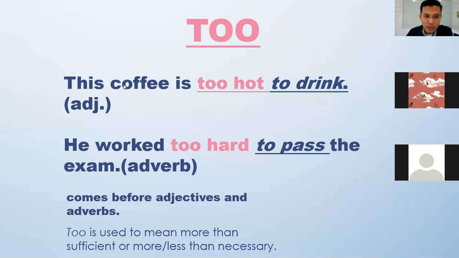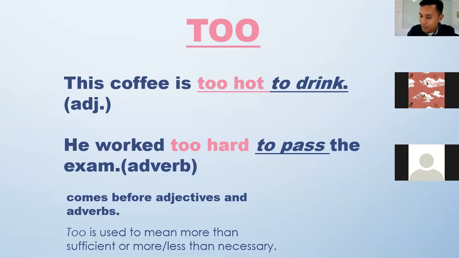So when you say, for example, this coffee is too hot to drink, is it more or less? More, sir. More than necessary, yes. You don't need it too hot, you just need hot. But when it is too hot, it is more than what you need. Understand? And too hard, terlalu keras. Must he work too hard?